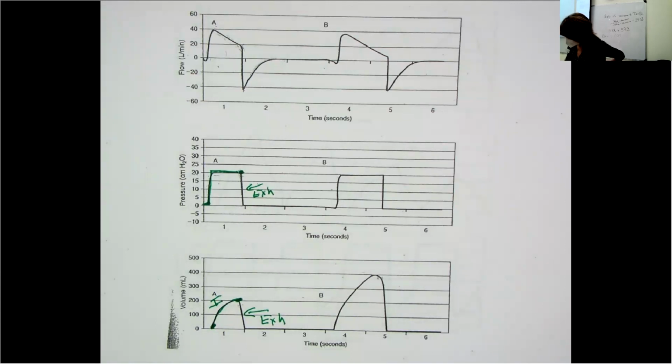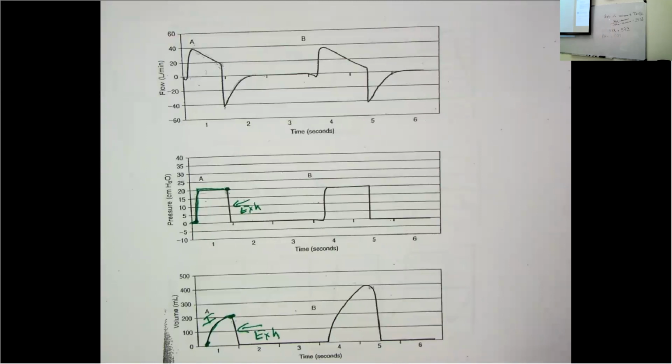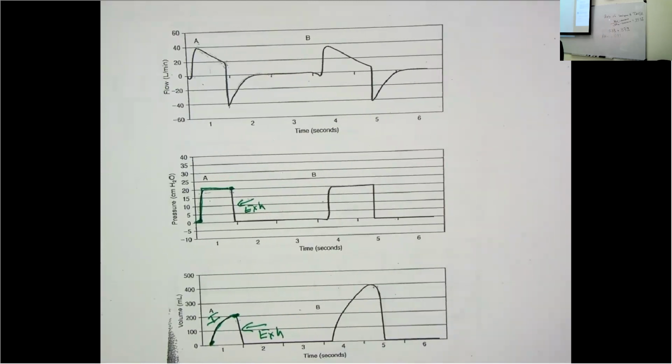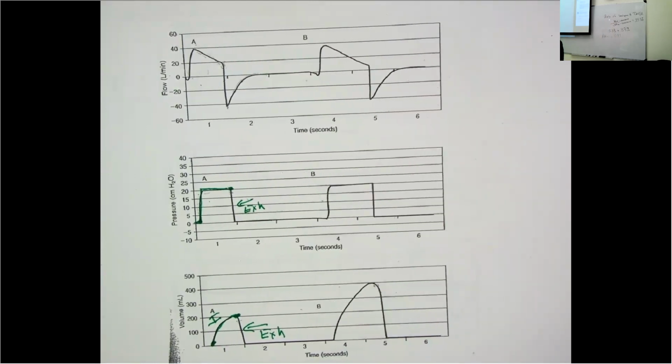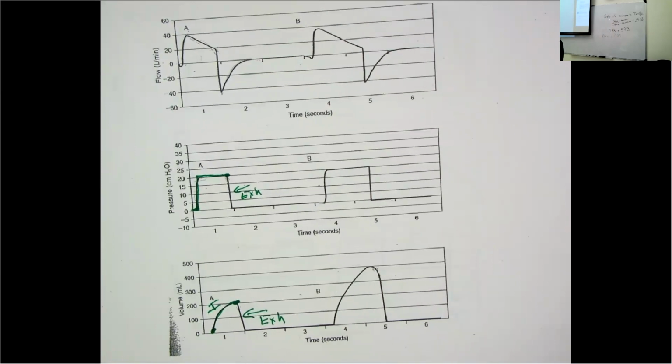Does everybody see how the pressure at the end of exhalation goes down to 0? Okay, and what is the volume of each breath? Very good. The end of exhalation, does that also peep? Yeah, so the PEEP here is 0.